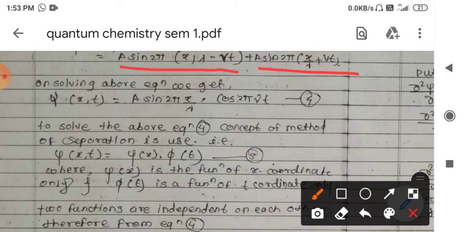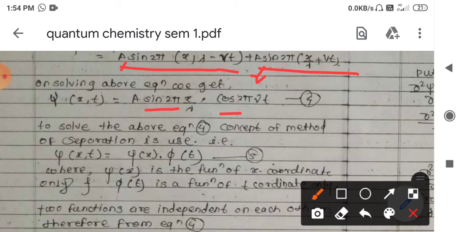Upon addition, A can be taken out as common, and we have sin A plus sin B. For the addition of two trigonometric functions we have a formula, so we use that formula directly here: sin plus sin is 2 sin times cos.